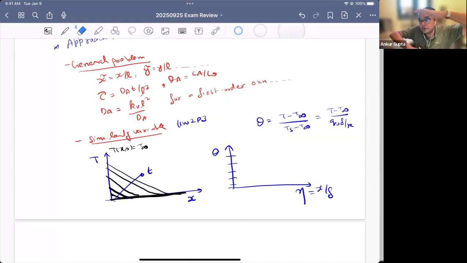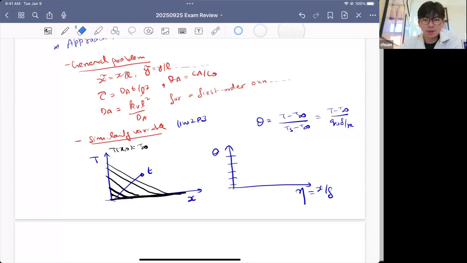So your y-axis is now being squished over time, which makes sense because temperature delta T is increasing with time. So you're squishing it so that it stays in the same zone. And then the same thing you do for the x-axis, you're squishing it with time. So that's the idea. So similarity variable non-dimensionalization is one step further because you have to find a master curve. It's not just about getting a non-dimensional number. Make sense?